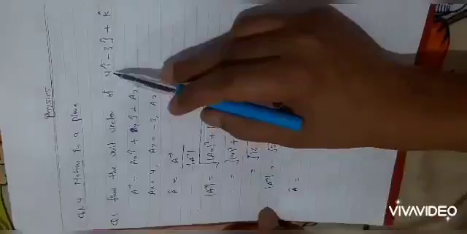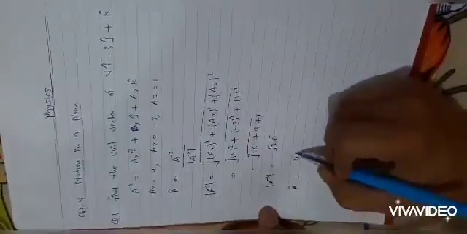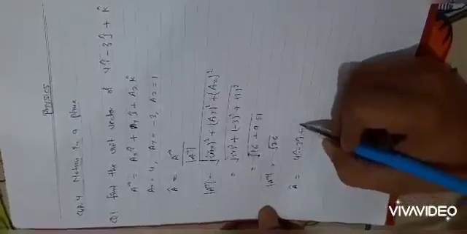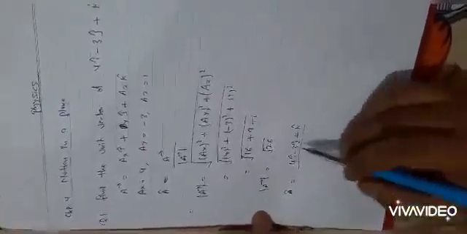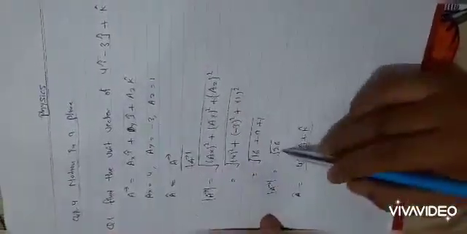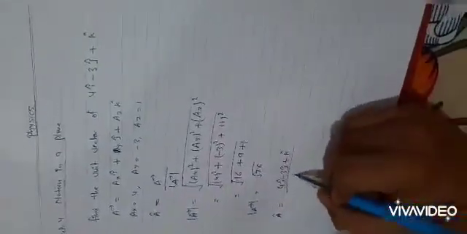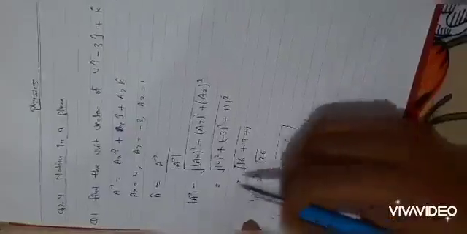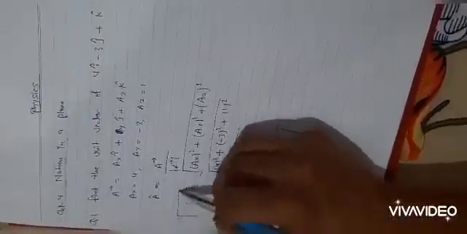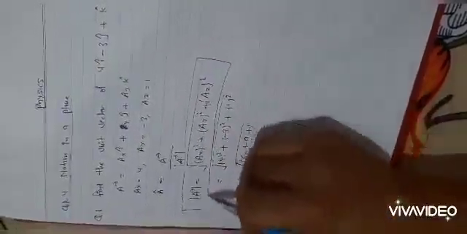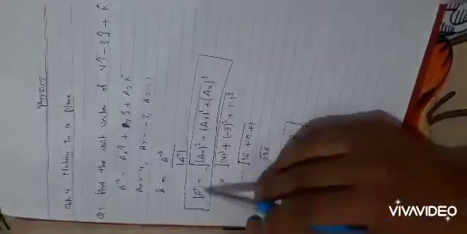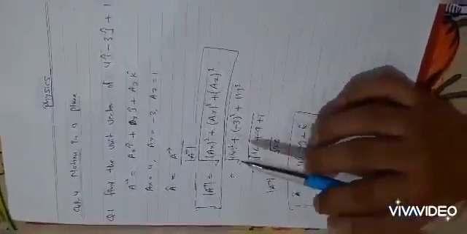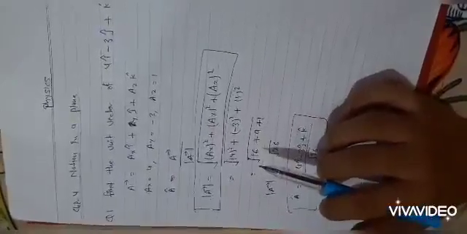A vector is 4 i cap minus 3 j cap plus k cap, upon the magnitude, which we found to be under root 26. So this is the answer, and this is an important thing that you have to remember, and it will even help you in more examples.